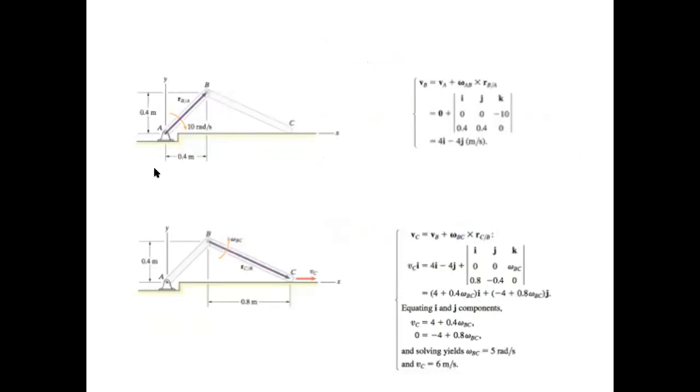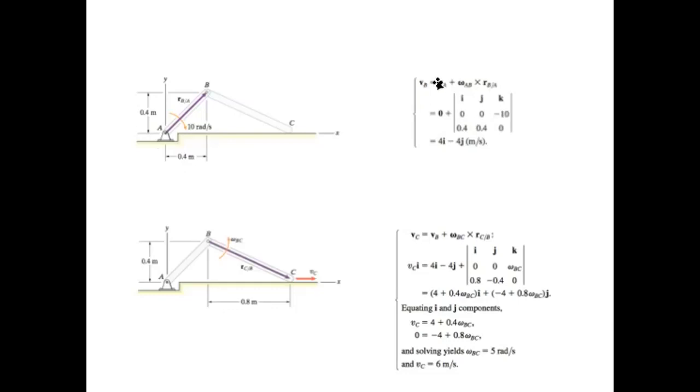The axis of rotation of bar AB is parallel to the z-axis. It means for omega. And the bar is rotating in the clockwise direction. So the angular velocity vector omega AB is equal to negative 10 k radian per second.